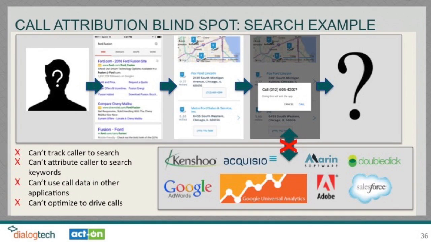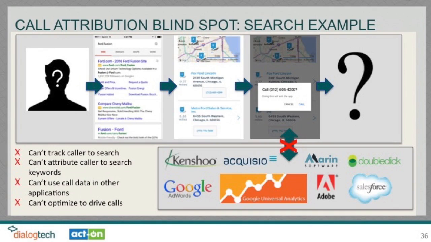You also can't use that call data in some of the platforms you might use for search. For example, Kenshoo, Acquisio, Marin, or DoubleClick are all bid management platforms people use. You can't tie that call data in there the way you could a click in an online conversion to help optimize for the keywords that are generating the most conversions and sales.